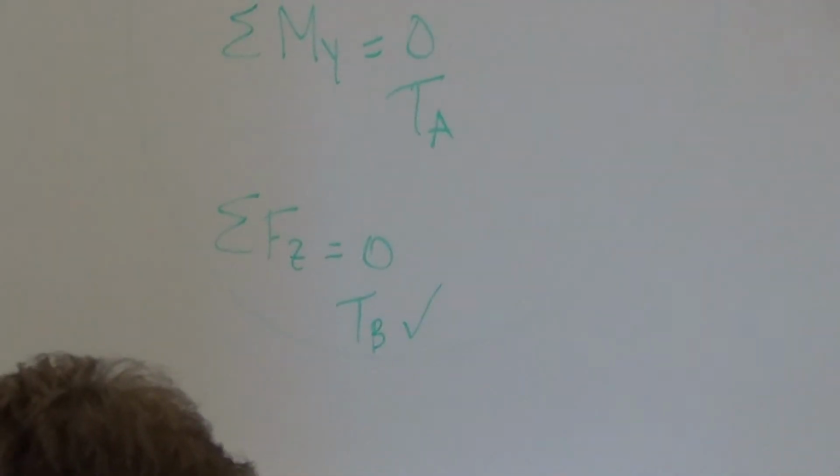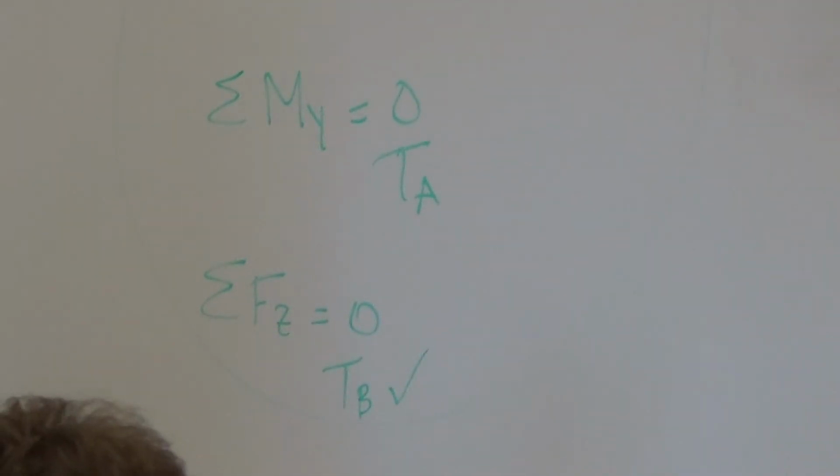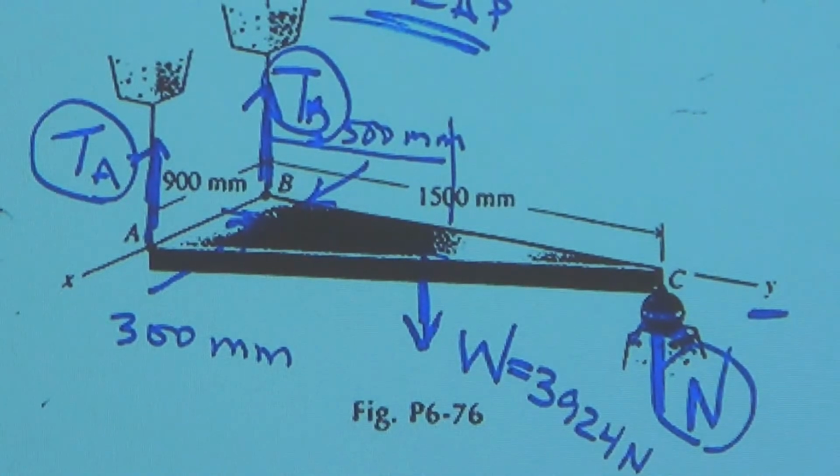What can we always do in statics? Check. So what equation can we use as a check? How about sum of the moments in the z? Sure. No, look at it. Sum of the moments in the z. Does that provide me an equation? No, because there are no moments in the z. Why?